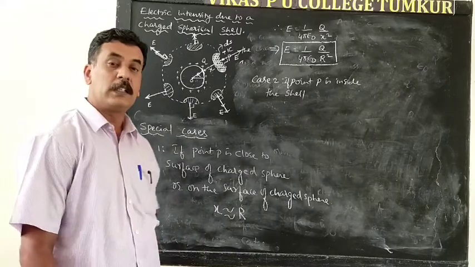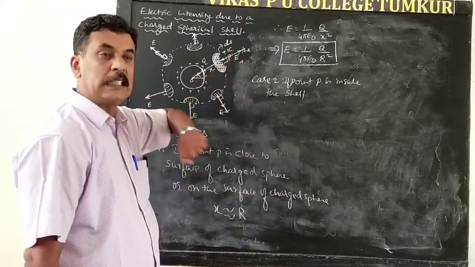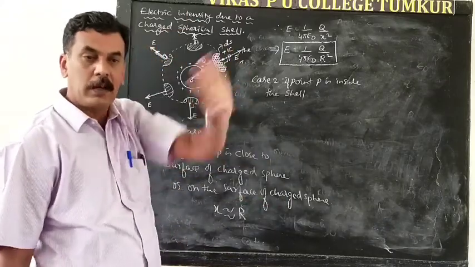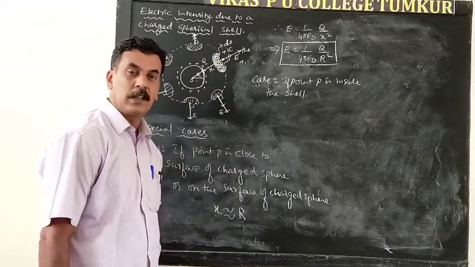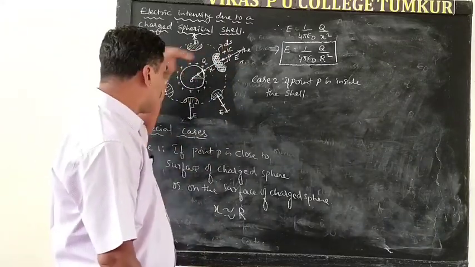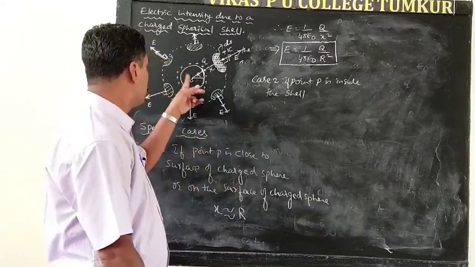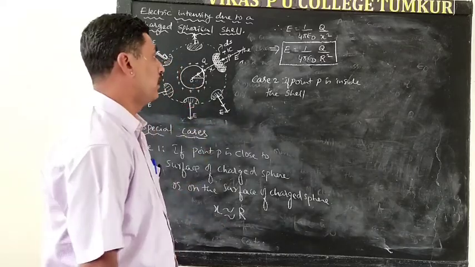We all know that electric field lines cannot enter into the conductor. Field lines do not enter inside, so the flux inside the shell is 0.